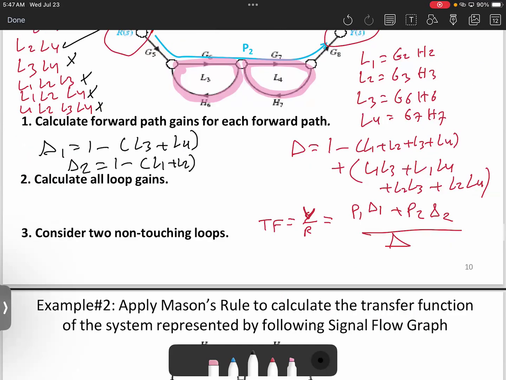Now, since I found everything, I'm ready to calculate the overall transfer function.